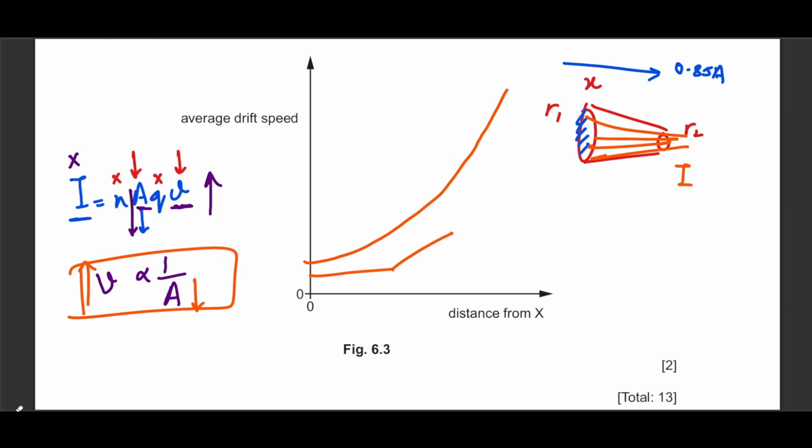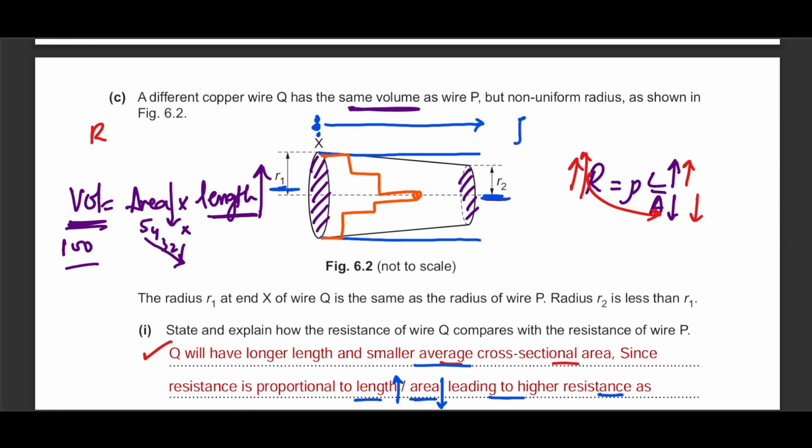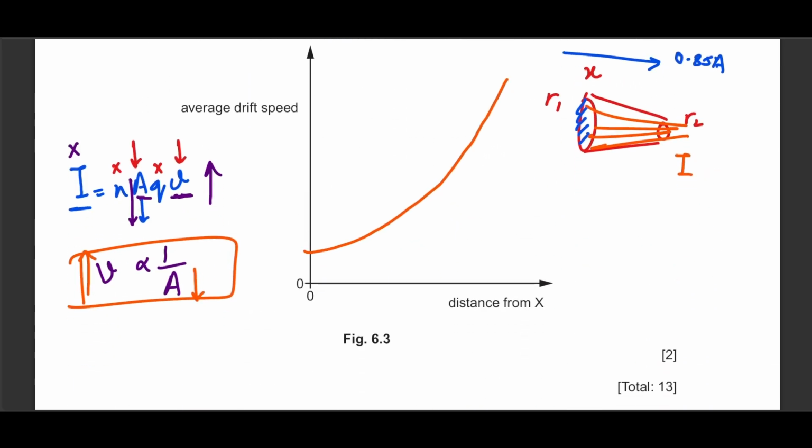And mathematically speaking, at every single instant, if I calculate the diameter, I put that value back into I equals nAqv. The value of A changes ever so slightly. The value of V changes ever so slightly. So since all of this is happening very gradually and slowly, that's why this is a smooth graph.